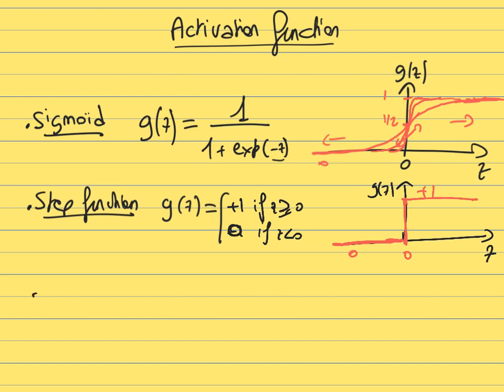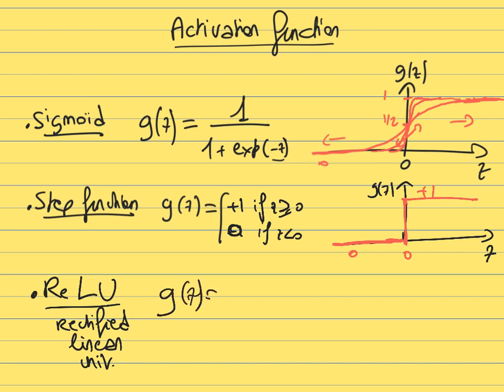Another example that is more commonly used is the ReLU activation function, where ReLU stands for rectified linear unit. ReLU, rectified linear unit. And so in this case, the ReLU function is like this.